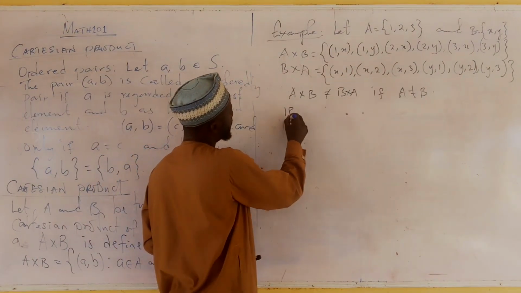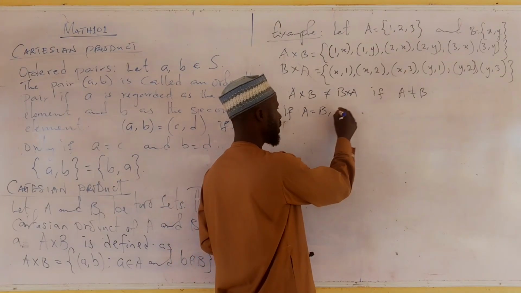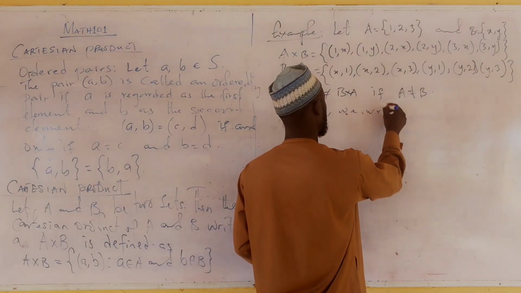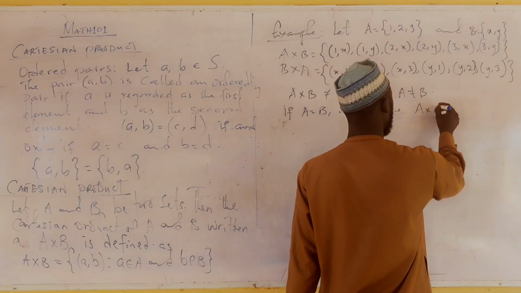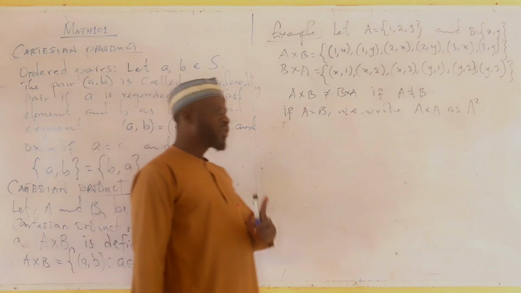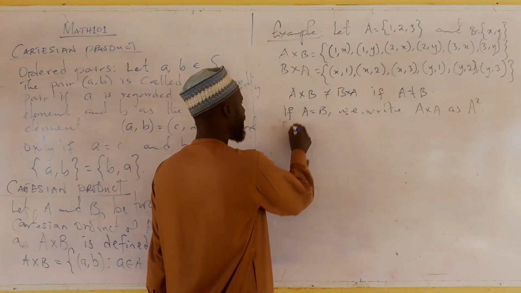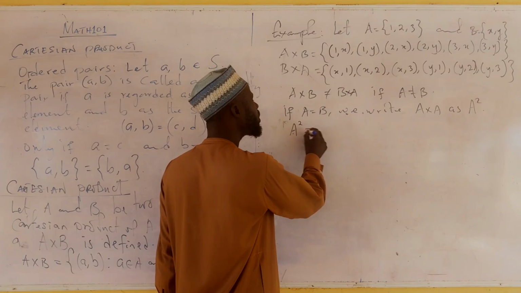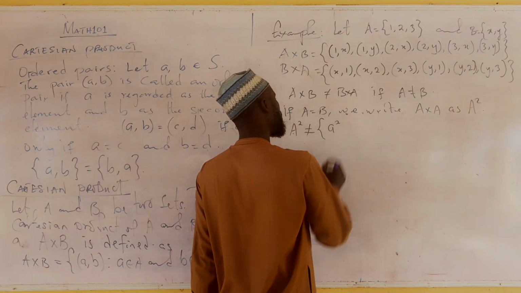And if A is equal to B, we simply write A cross A as A squared. Students and viewers should take note that by A squared, we don't mean you pick an element of A and square it.